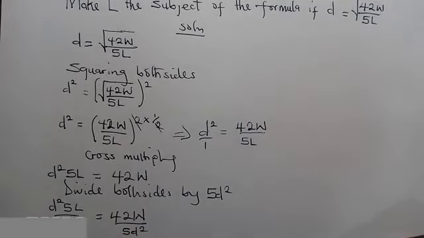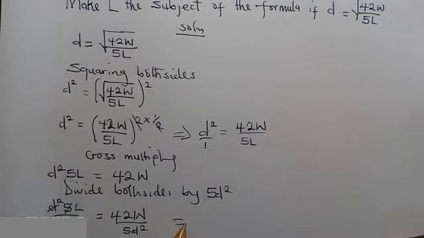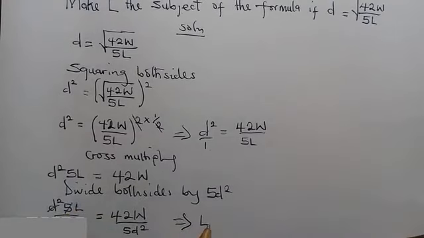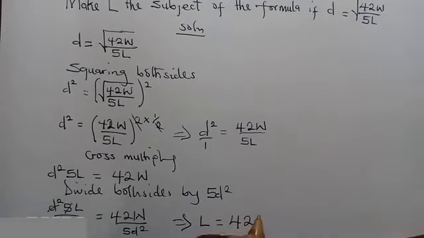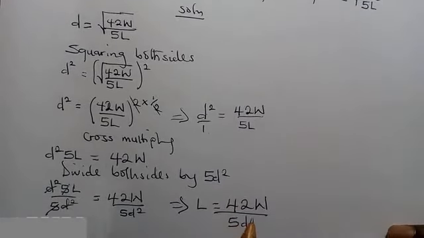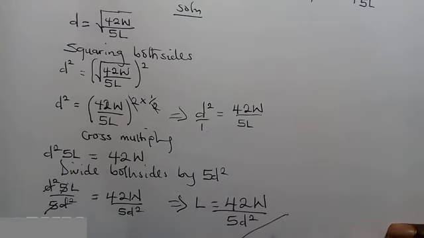So this 5 goes with this 5, D square goes with this D square, and we are left with L here. L is now equal to 42W over 5D square. And that is the answer for that question.